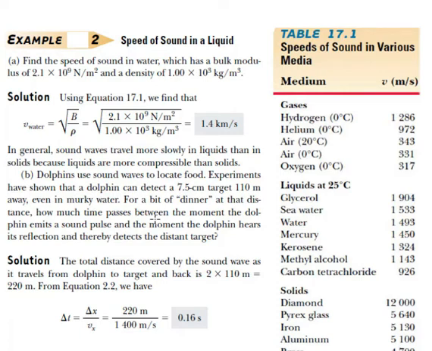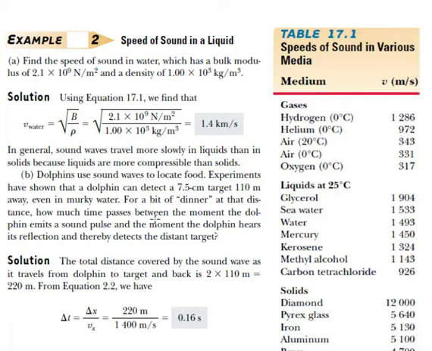The dolphin will produce a sound pulse, and the sound pulse will be reflected from the target and the dolphin will hear it. So how much time will it take? As we know, S is equal to Vt. This is the general formula, that the distance is equal to the speed multiplied by time.